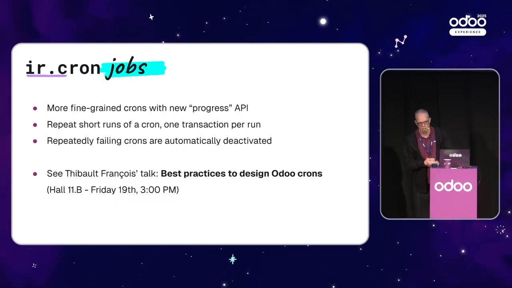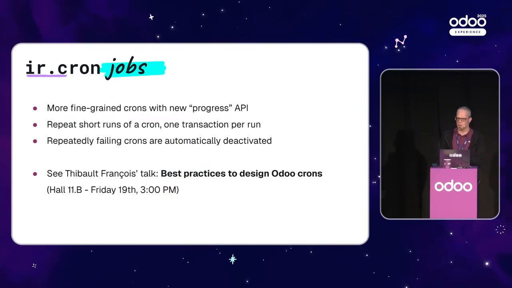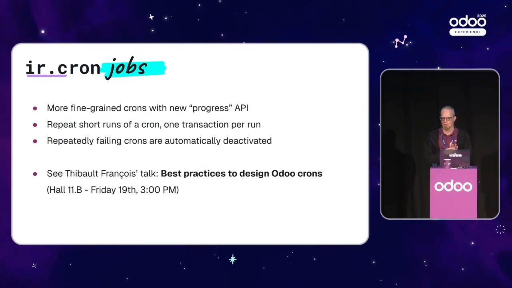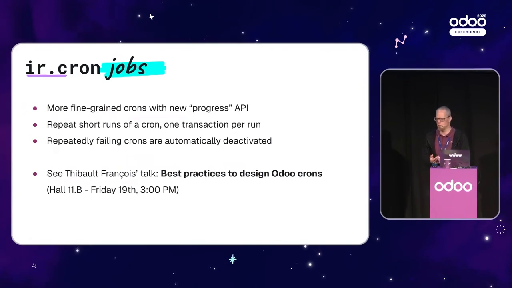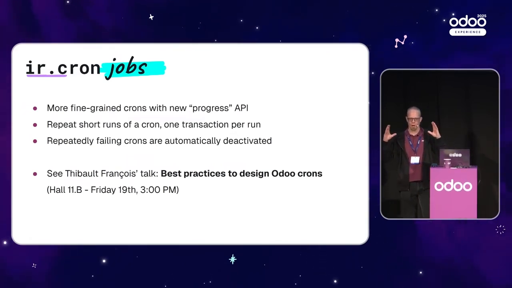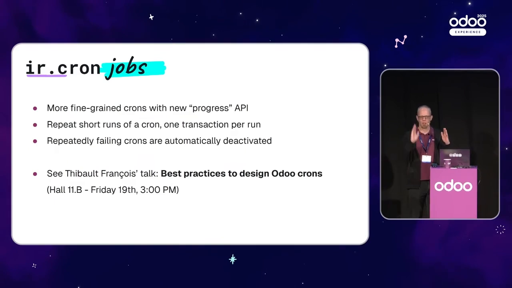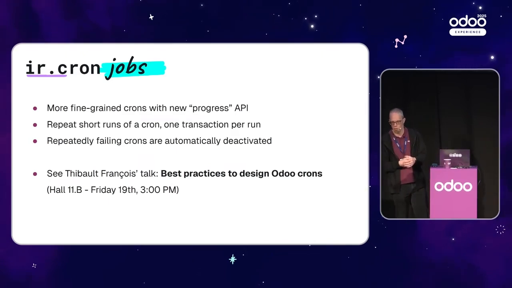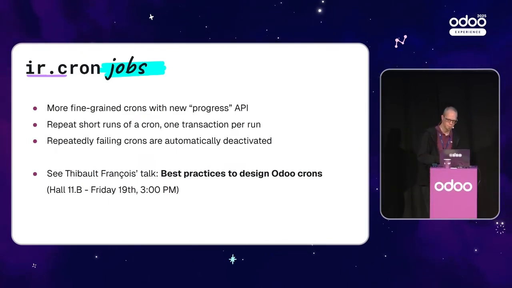Another thing we've kept on working on are the cron jobs. So the cron jobs in Odoo 18, we've already introduced a small API that enables a cron to notify the scheduler of the cron how much work it's done, so how many records it had processed, for instance.